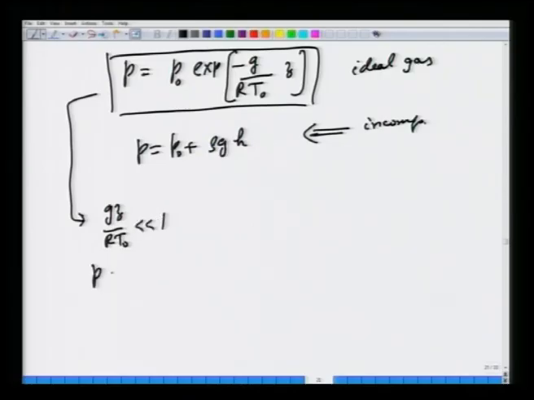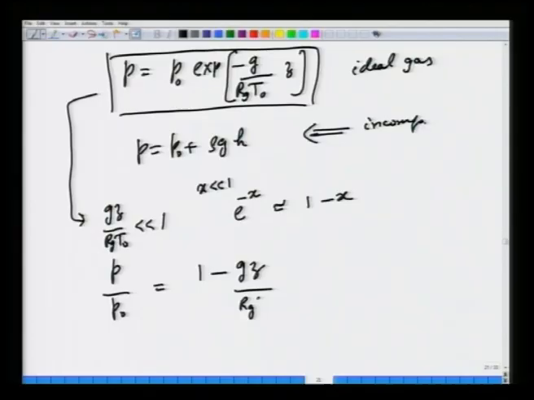If this is the case, when the elevations are not so high, then suppose you have e to the minus x, when x is small, I can write it as 1 minus x approximately. So, in the limit g z by R T naught is small, where R is the specific gas constant, which I denote by Rg, P by P naught is written as 1 minus g z by Rg T naught.